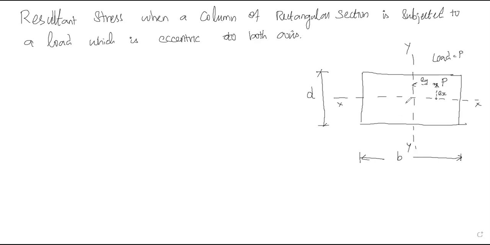Okay, similarly the column cross section is A, B, C and D. So from the figure, there are four quadrants. Here it is positive, here it is negative.